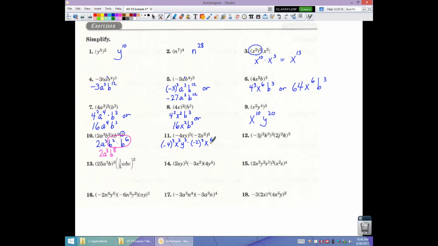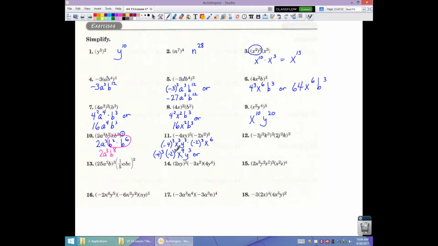Now, I need to combine the x to the 3rd with the x to the 6th using my product of powers rule. That becomes x to the 9th. The y to the 3rd can't be combined with anything else. But these 2 powers, the negative 4 to the 3rd, negative 2 to the 3rd, I can either leave them separate, or if I multiply them out, negative 4 to the 3rd is negative 64.